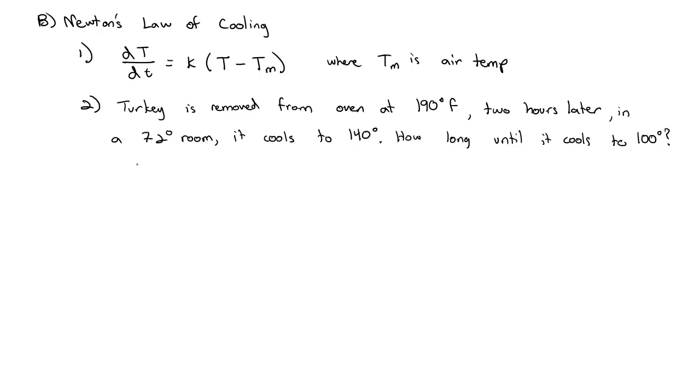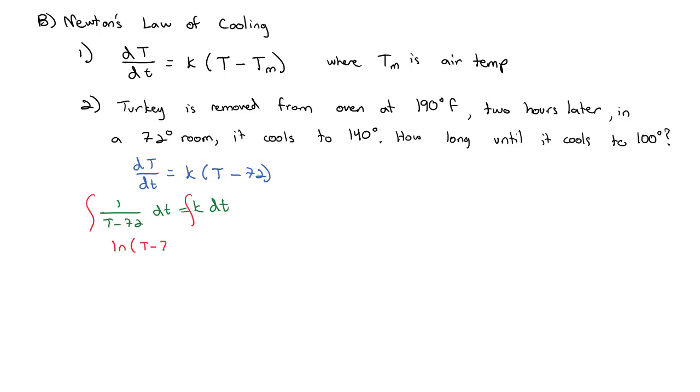Well, we have our differential equation that the change in temperature with respect to time is equal to a constant times the temperature of the turkey minus the air temperature at 72 degrees. Again, this is a separable equation. We can divide by temperature minus 72 and multiply by dt to get something we can integrate in order to solve.